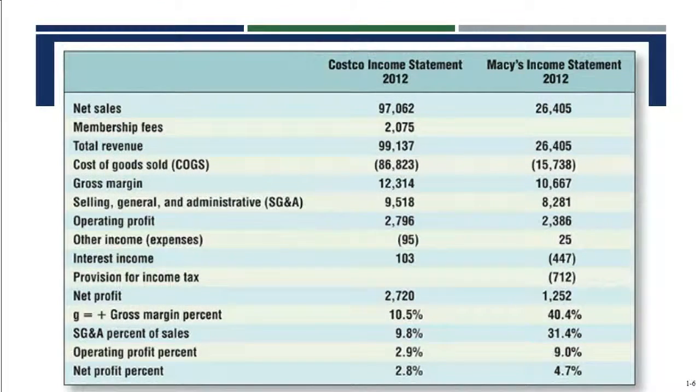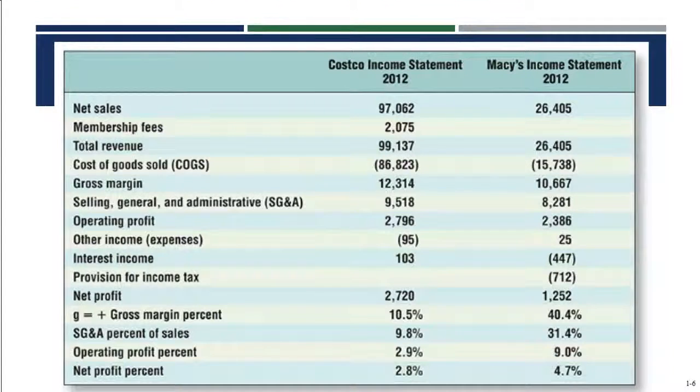Well, think about how we calculate our gross margin percentage. We look at our gross margin over our net sales, or sales minus cost of goods sold over sales. Margins are much higher at a department store, right?